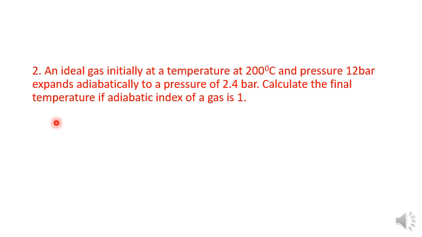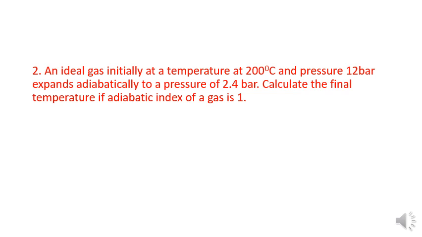An ideal gas initially at a temperature of 200 degrees centigrade and pressure 12 bar expands adiabatically to a pressure of 2.4 bar. Calculate the final temperature if the adiabatic index of the gas is 1.4. So read the question carefully and identify what is the process here.